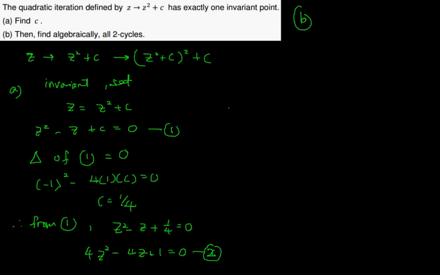So in part B, now find algebraically all the 2-cycles. When you're trying to resolve this and find all 2-cycles, there will be some byproduct: at the same time you will also find the invariant point, because invariant points appear in each and every iteration. So it's essential for us to know these invariant points, so that we can segregate which points are actually invariant and which are not.